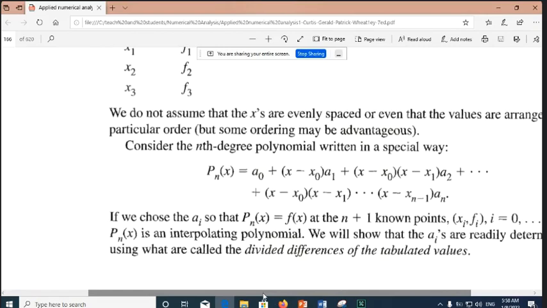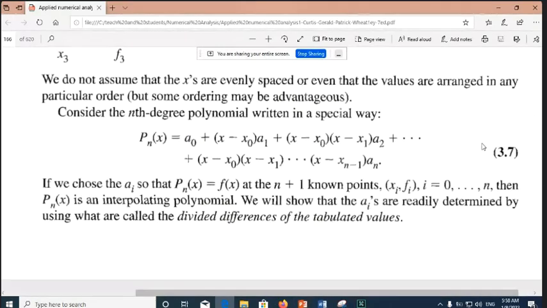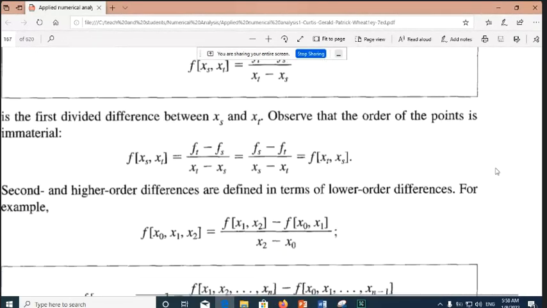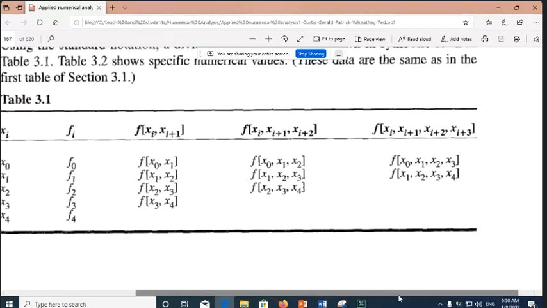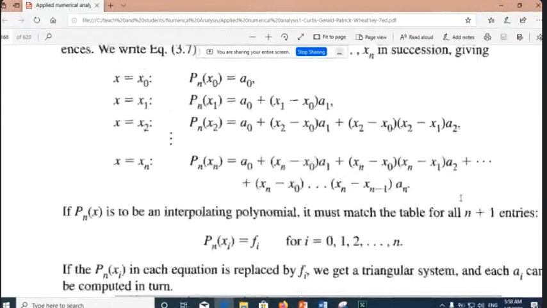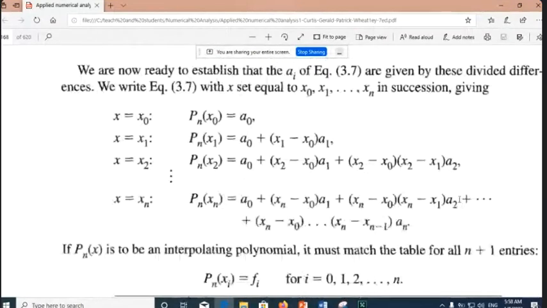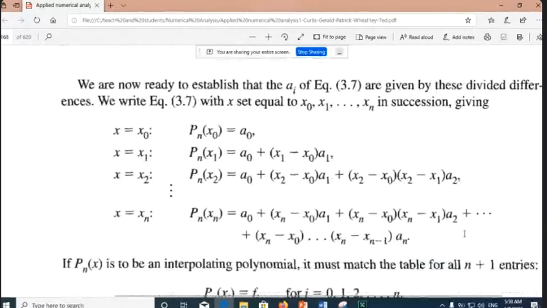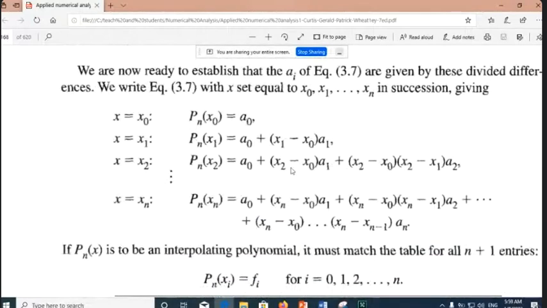Let me show this book. In this page of the book, we can see, for example, if you want a polynomial of degree 0, we need just 1 point. For a linear interpolation, we want 2 points, x0 and x1.